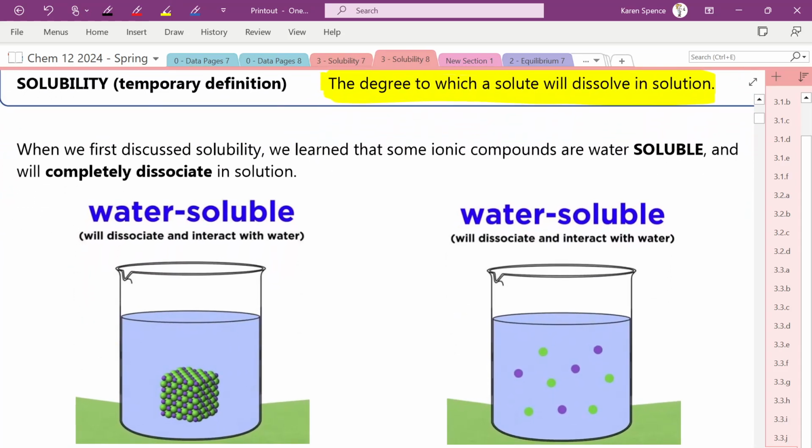So, this is just what Professor Dave was talking about at the beginning. If something is water soluble, it will dissociate and form into individual ions.